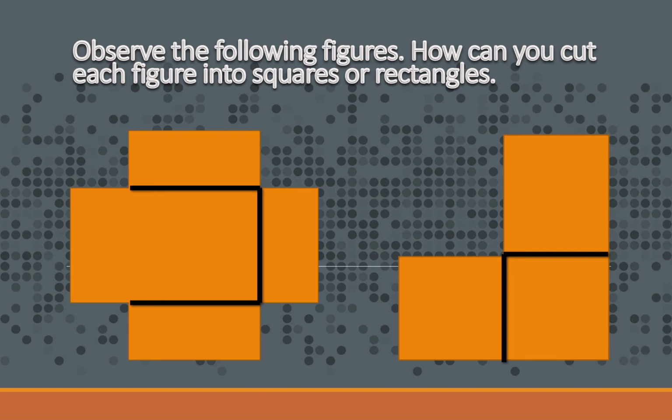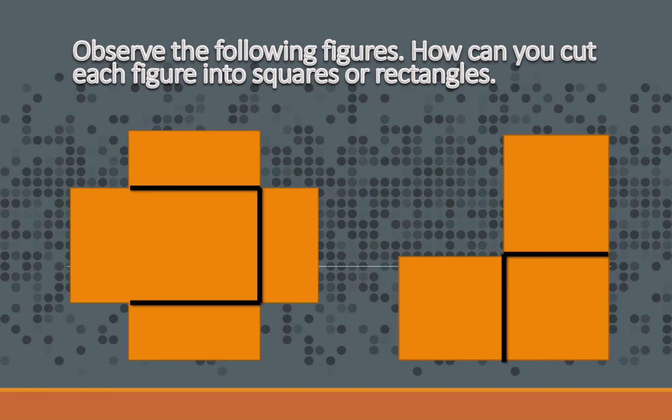So we have a rectangle and a combination of a square. Or horizontally, this is also a rectangle and a combination of a square. So that's how I will cut the two figures.